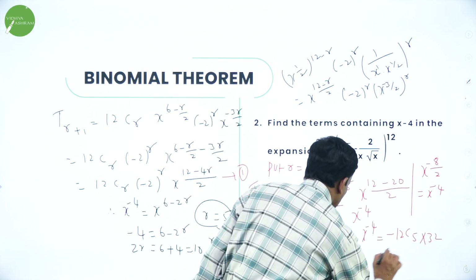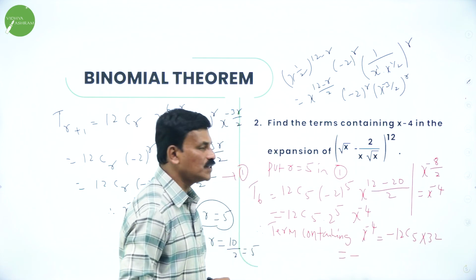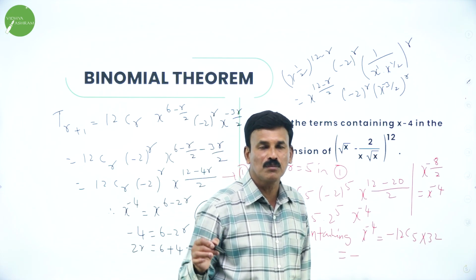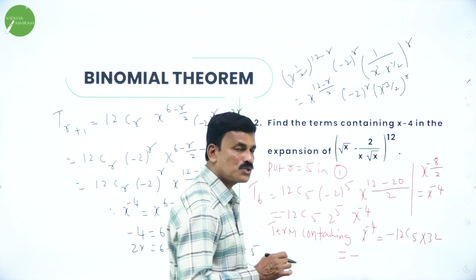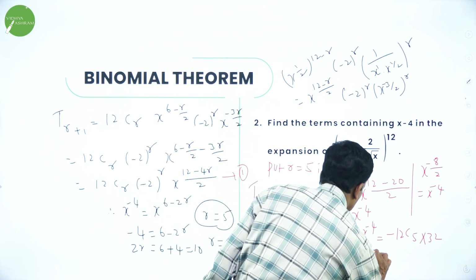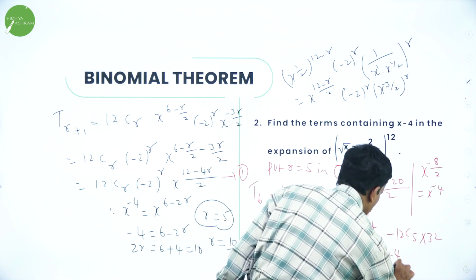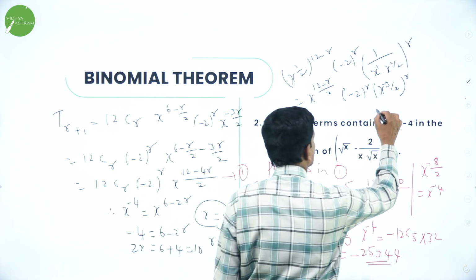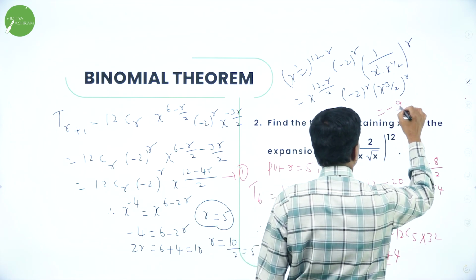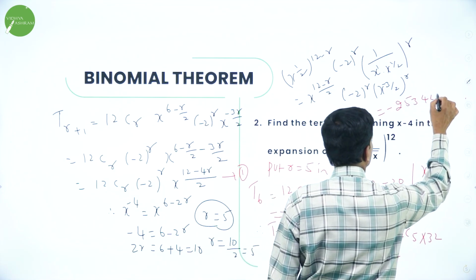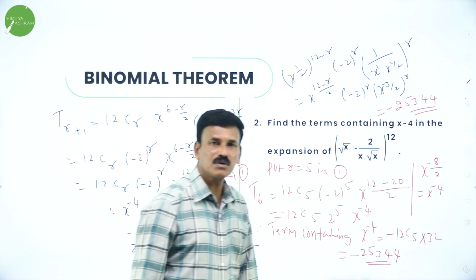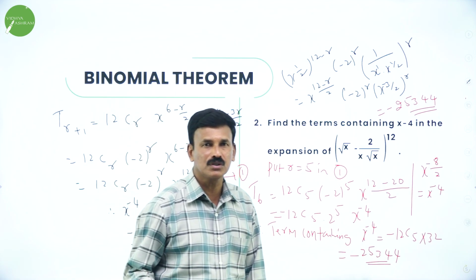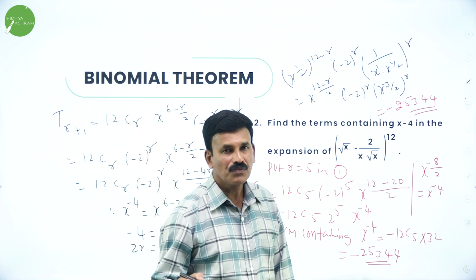So if you simplify this, you will get 12C5 into 32 is equal to, the simplified answer is minus 253,444. That's it. This is the simplified answer. Okay, hope you followed. Very important type for 5 marks.